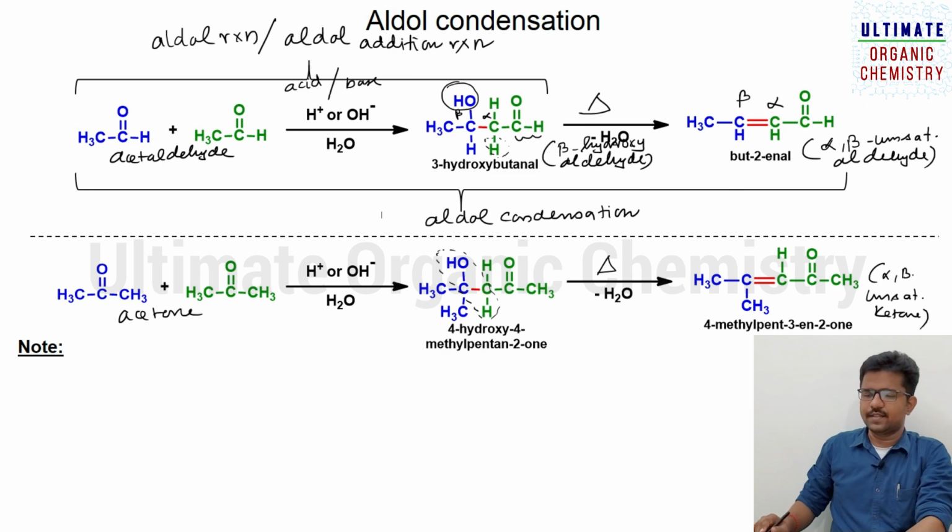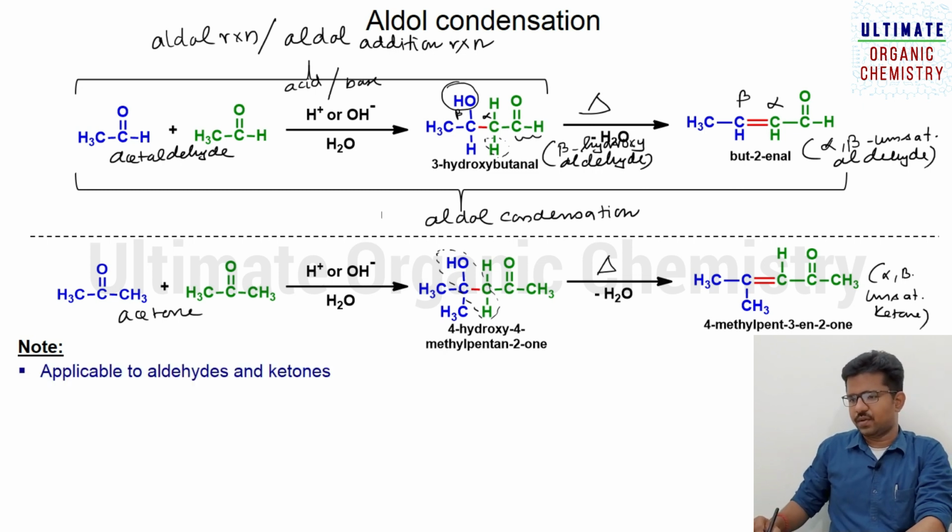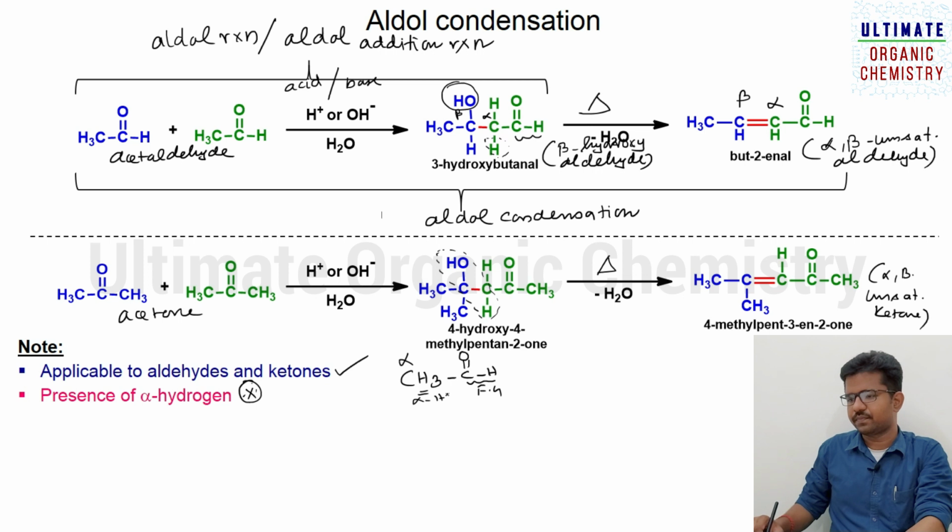Okay. So now we have some points to remember. So this is applicable to aldehyde and ketone, which I have discussed just before. And the next is the presence of alpha hydrogen, that I have said so far. So what do you mean by alpha hydrogen? For example, this is acetaldehyde. This is the functional group, and the carbon next to that functional group is called alpha, and the hydrogen on it is said to be alpha hydrogen.